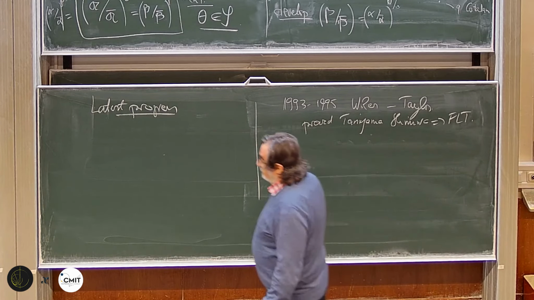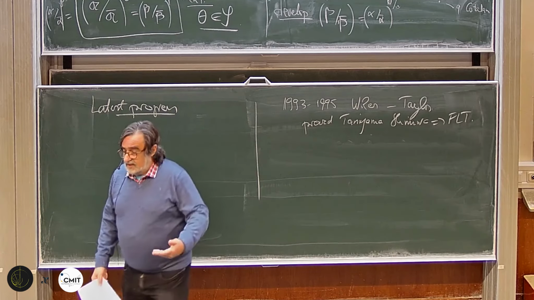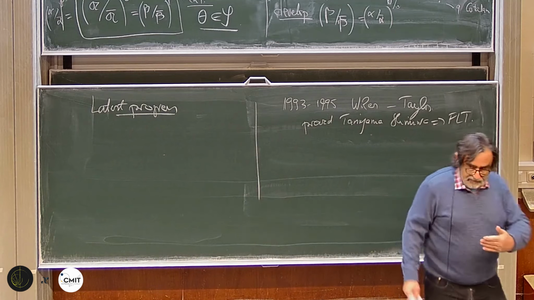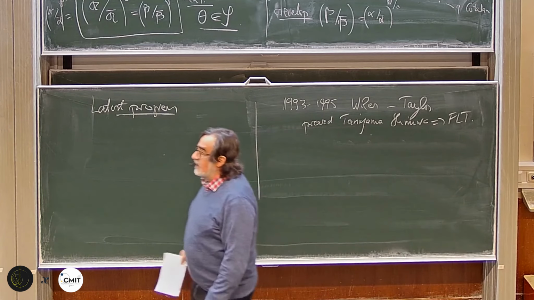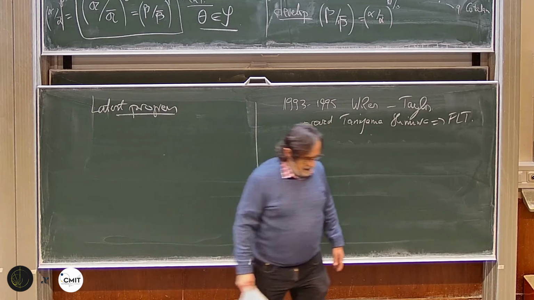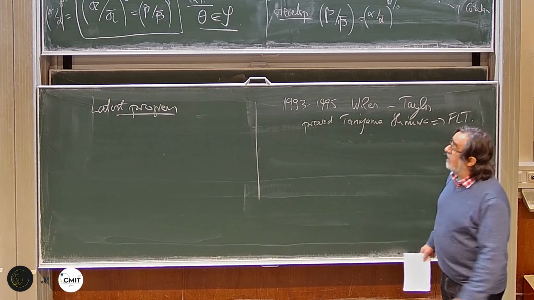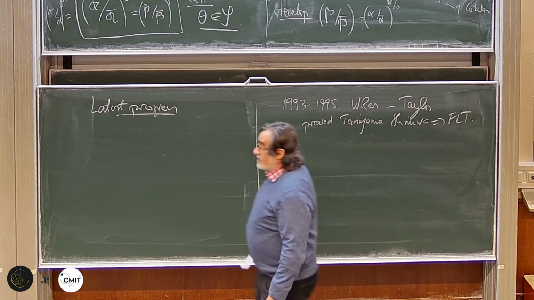Actually, that is then the third major historical step from Kummer to the 1980s. There was a rich number of results on Fermat's last theorem using tricks involving class field theory.